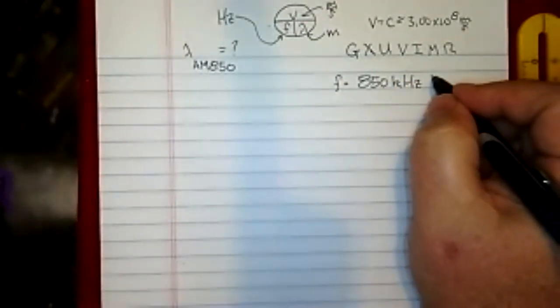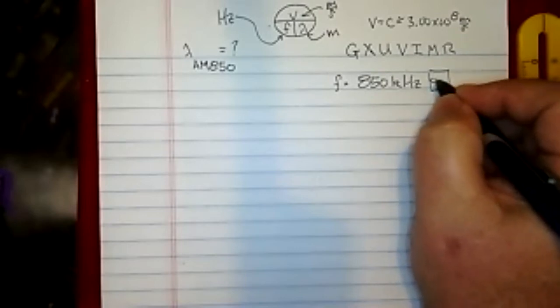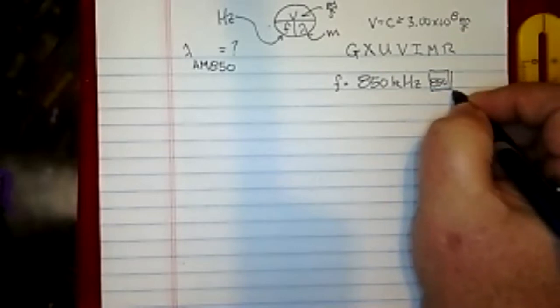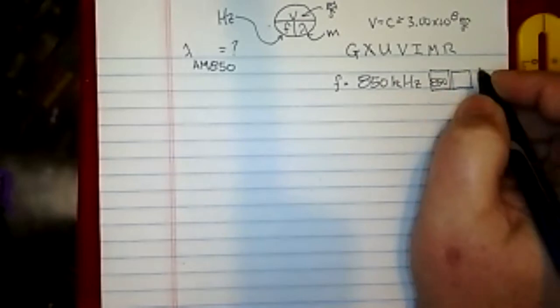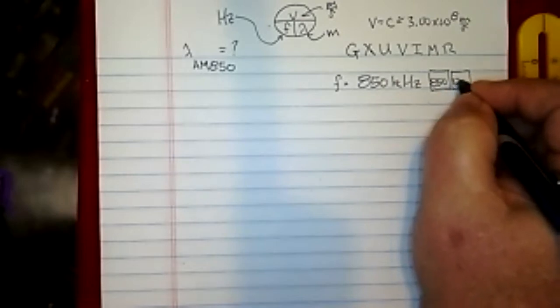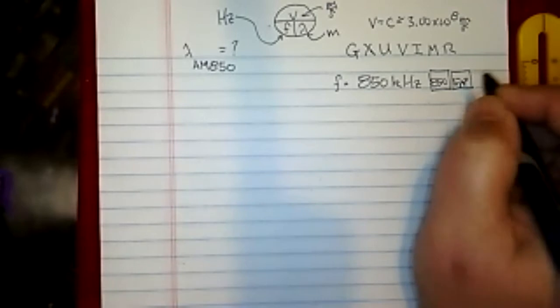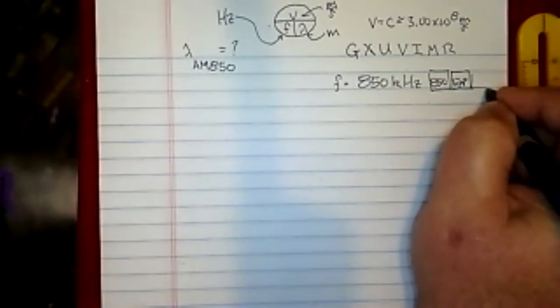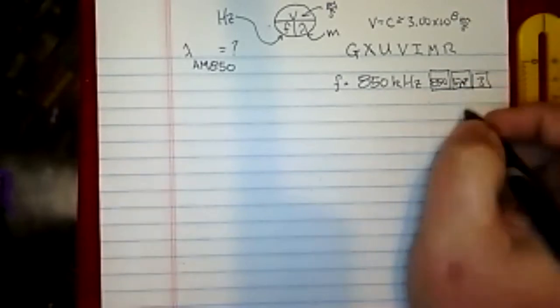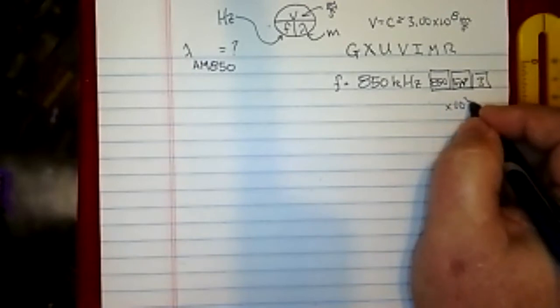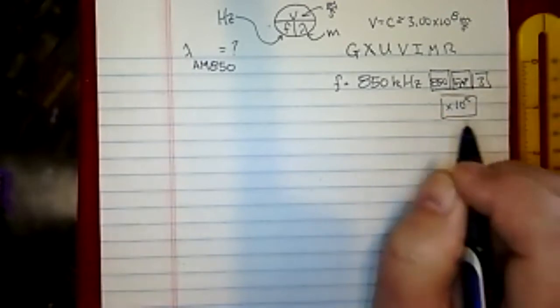So you should type this in your calculator as 850. Your calculator will have either an EXP button, or a times 10 to the X button, or something like that.